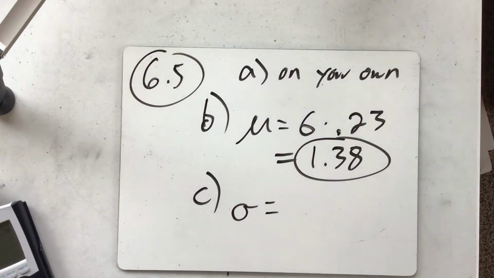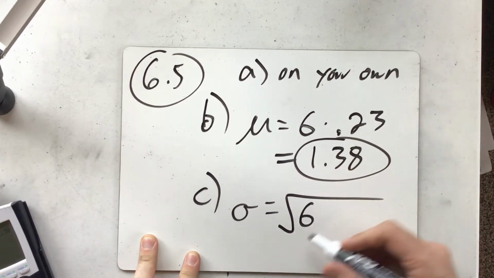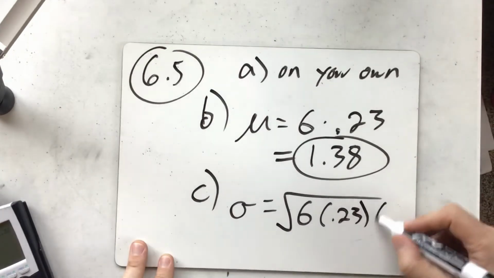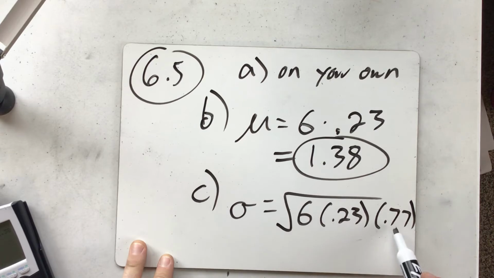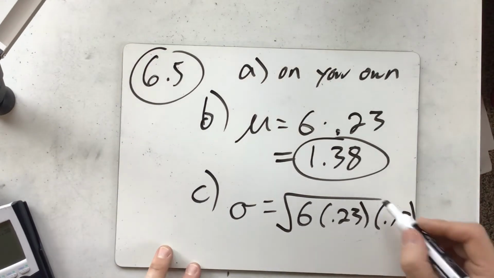Okay. How about the standard deviation? What's the standard deviation of the number of goals you'd expect? Well, we just take the square root. We take that 6. We take the 0.23, and then we take 1 minus 0.23, which is 0.77. Notice these two numbers always have to add up to 100%. So whatever that number is, you take the complement of it, the number that makes it add up to 100%.